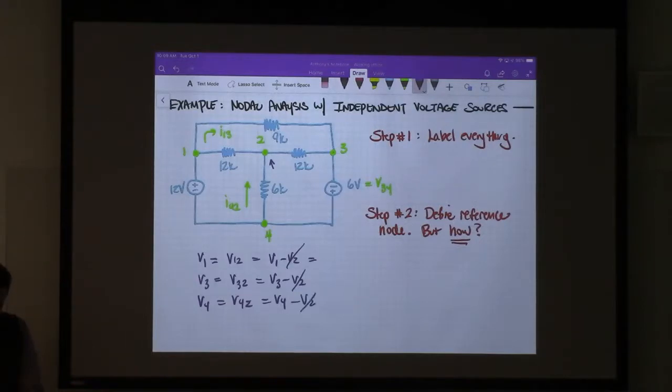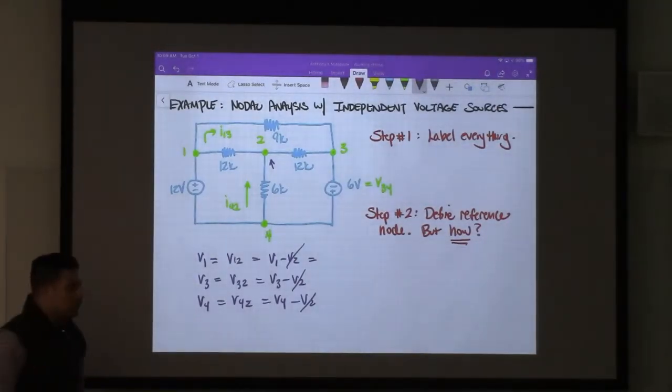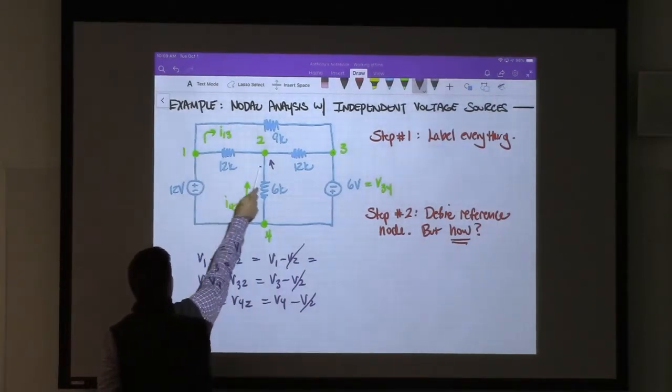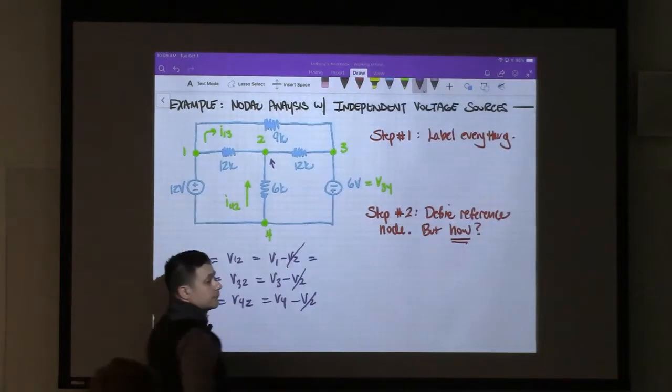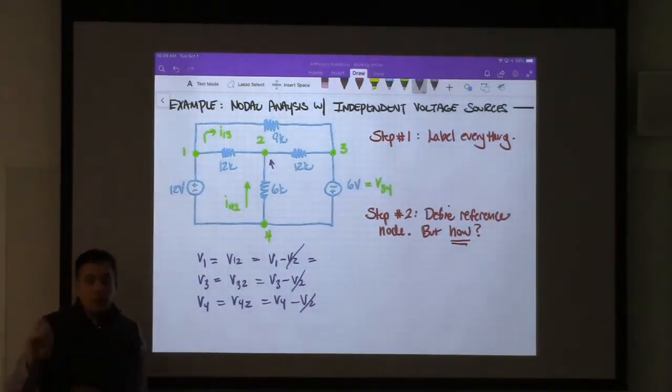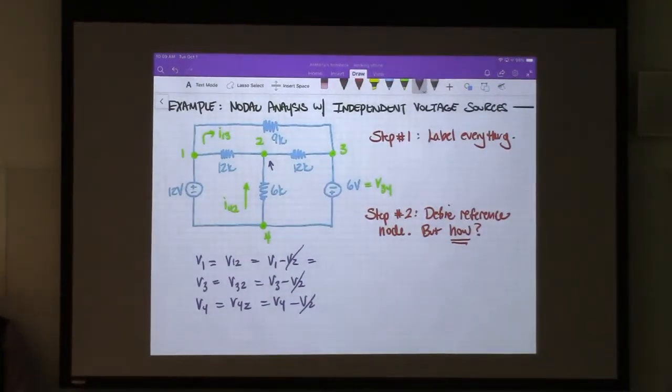Again, that goes away. Are any of those voltages known? No. There is no voltage source between 1 and 2. There's no voltage source between 3 and 2. And there's no voltage source between 4 and 2. So the voltage sources will help us, but not as much as they can.